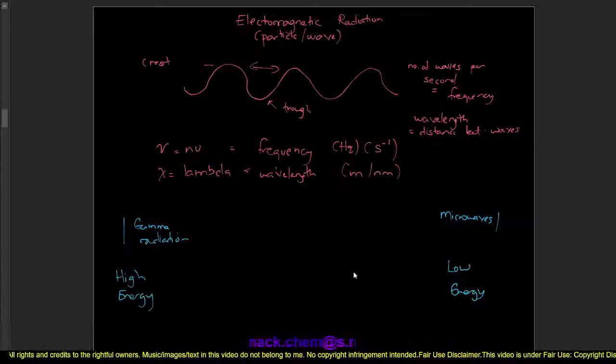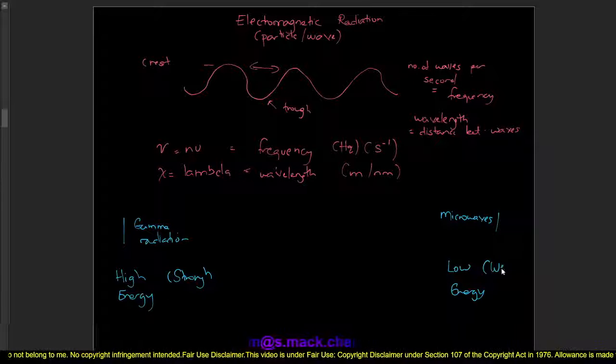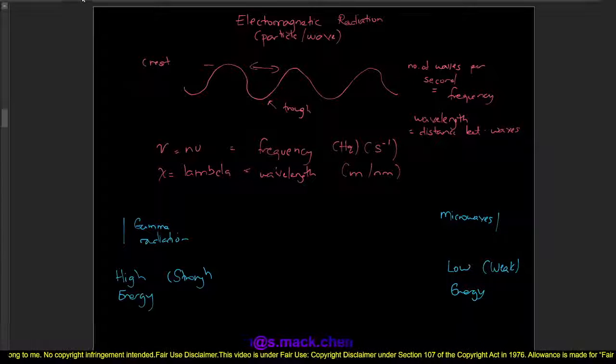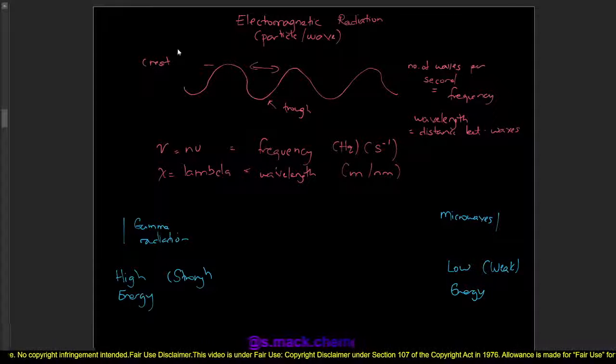We are saying that gamma radiation, which is high energy, what does that mean in terms of frequency and wavelength? So for gamma radiation to be a strong form of energy, that means it should have a high frequency, meaning many waves per second, right?